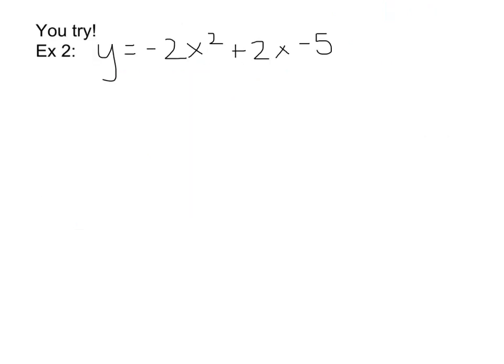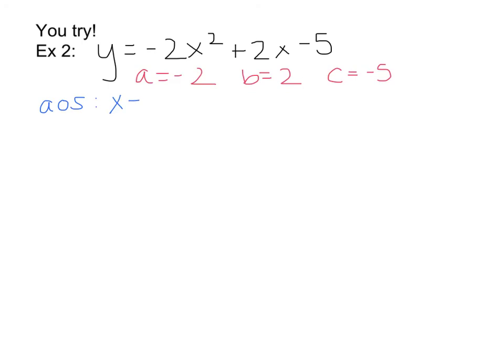In example 2, press pause, and I want you to graph y equals negative 2x squared plus 2x minus 5. So in this problem, a is negative 2, b is positive 2, and c is negative 5. So we need to start by finding our axis of symmetry.